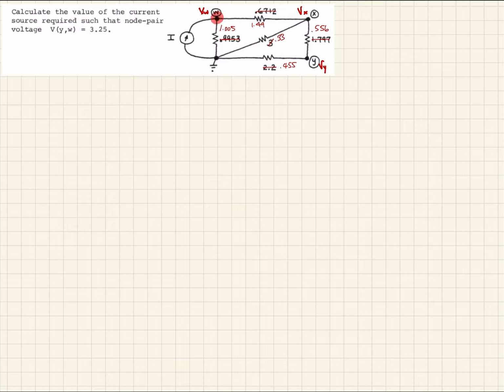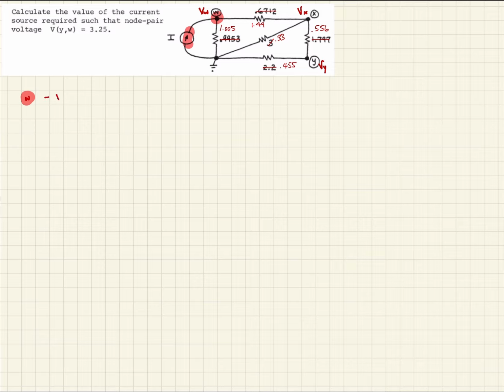The first one we want to look at is node W. Maybe we can write that in there. Let's look at the currents going in and out of there. We're going to define current leaving the node as positive. The first thing we see is our current source, and it's shown going into the node, so that would be assumed negative.